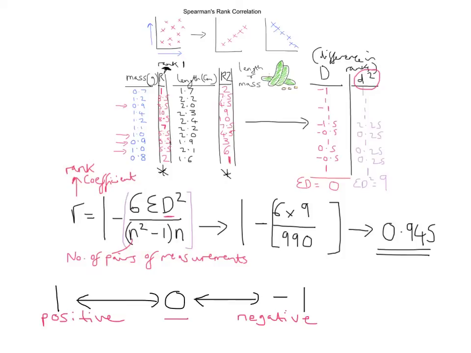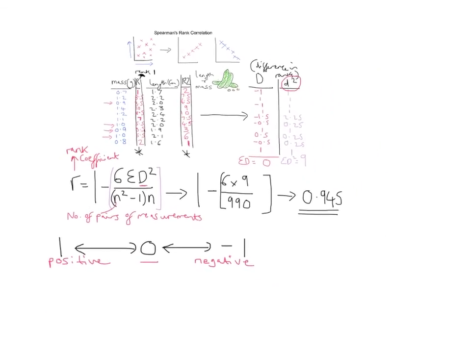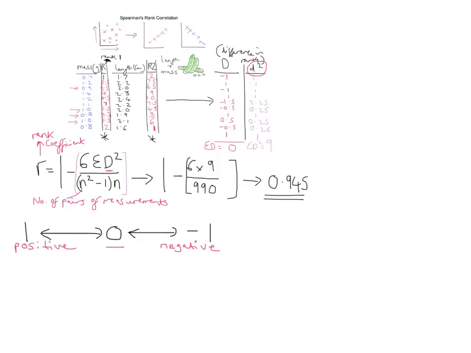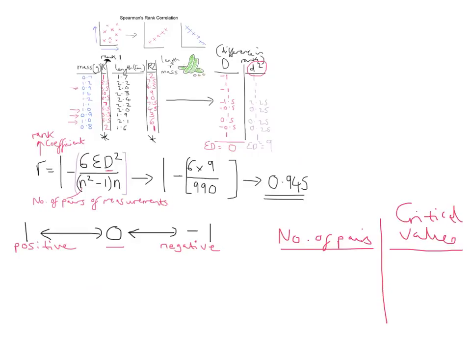Now, I'm not going to draw out an entire table of degrees of freedom, but I will just, in this example, draw a small portion of it to make one point. So in terms of degrees of freedom, in this stats test, it's recorded as the number of pairs of measurements we have. And then what we have is something called the critical value. Now, you don't need to learn these off by heart at all.